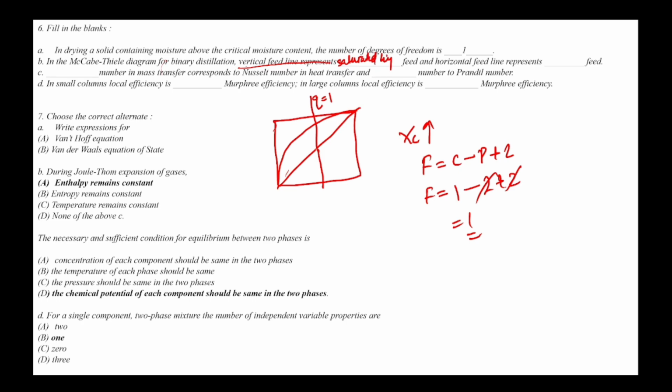Every year GATE asks from this method. We have discussed this earlier. And a horizontal feed line means q is equal to 0, where f is equal to 0, saturated vapor.